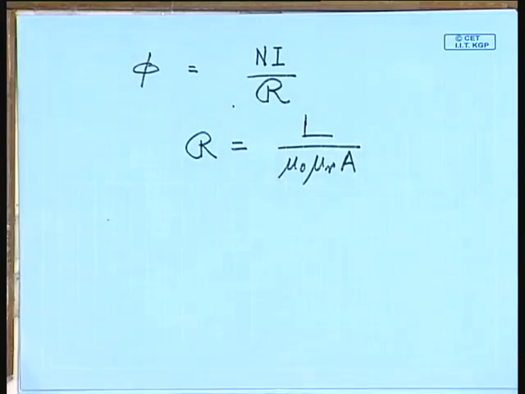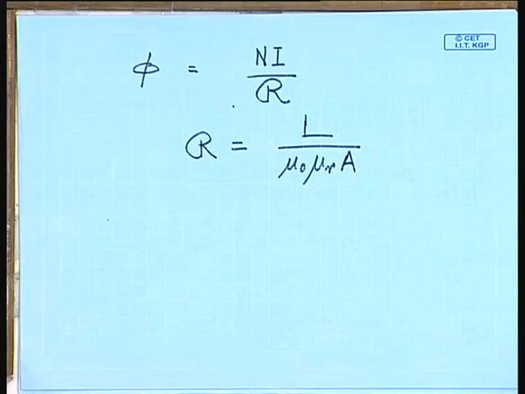So, if we extend the analogy that the MMF Ni is equivalent to a source of potential and flux is equivalent to a current, then in a magnetic circuit the quantity reluctance is equivalent to resistance in an electrical circuit.